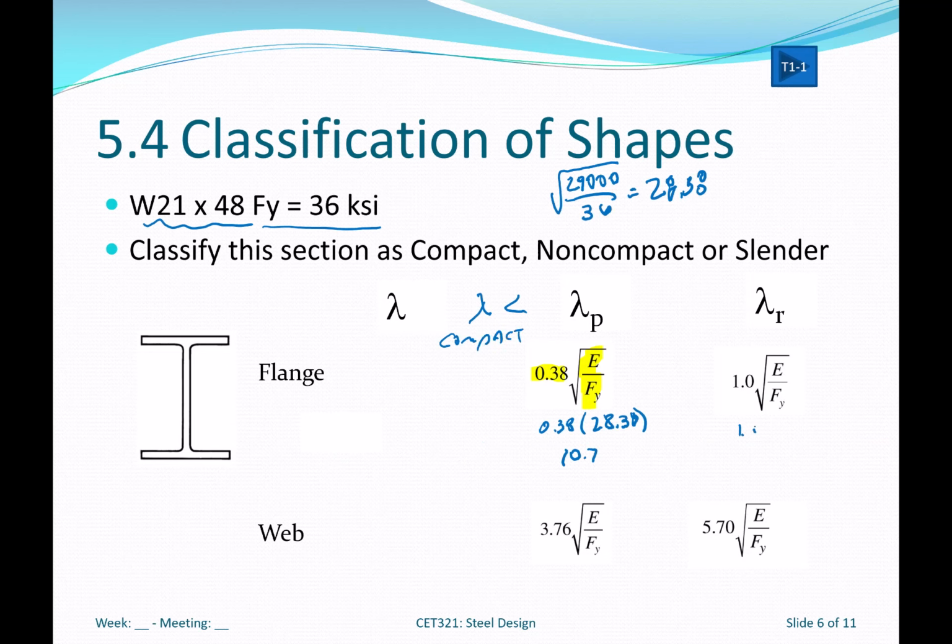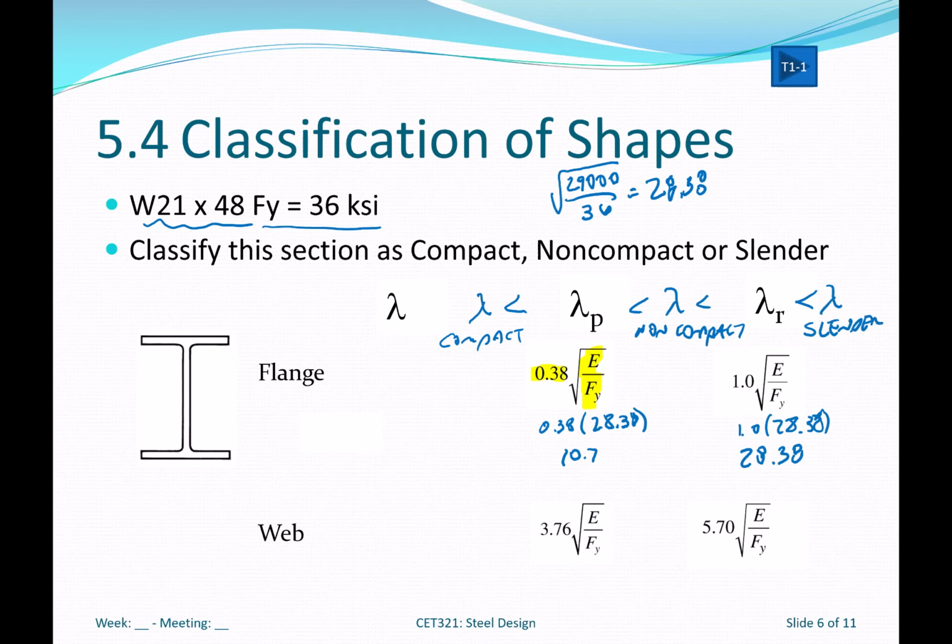If it is 1.0 times 28.38, that's the upper limit, obviously 28.38. If lambda is greater than lambda sub p but less than lambda sub r, it's going to be non-compact. And then if lambda is greater than lambda sub r, it's slender.